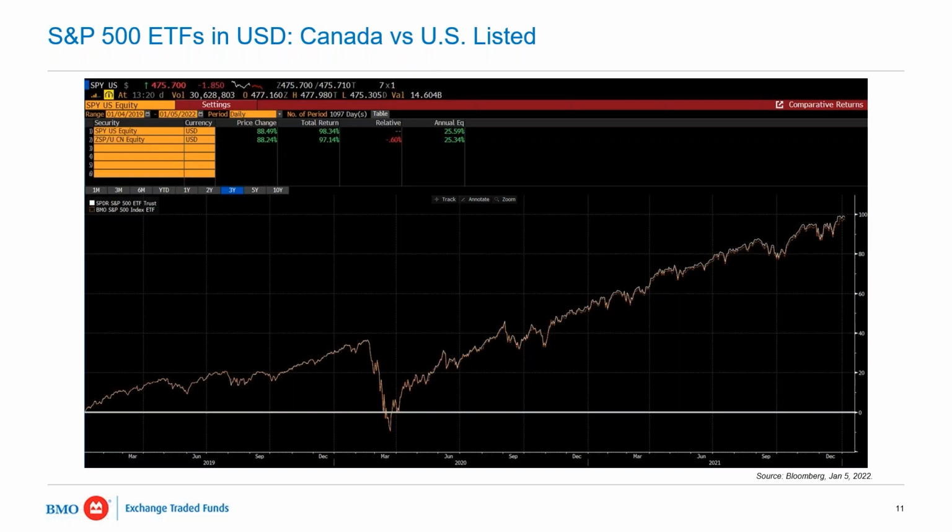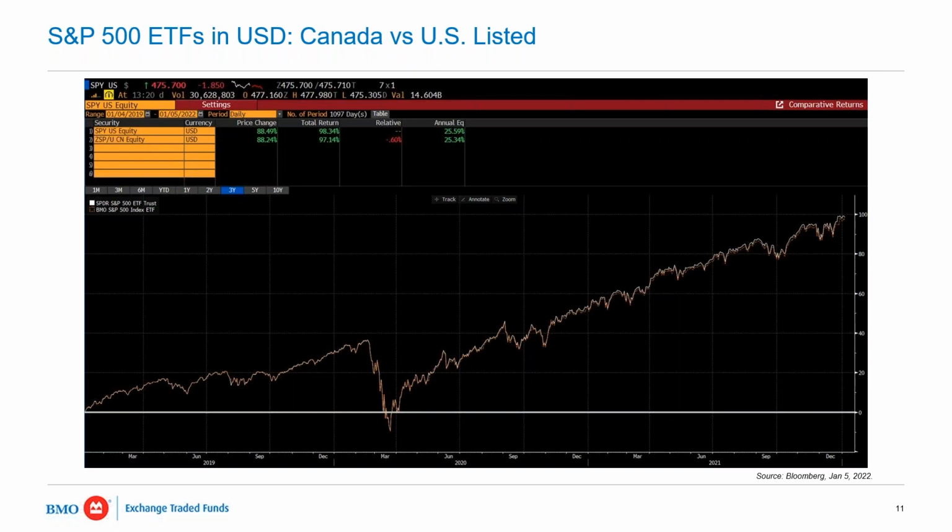Not to get too into the details, but you do see a very slight, if you look at that annualized return number, about 0.25% benefit for SPY, but that's really due to withholding tax. As a Canadian, if you buy a Canadian ETF with a US exposure, such as the ZSP.U, or you buy a US ETF, you'll be subject to foreign withholding tax, which happens when you collect foreign dividends.